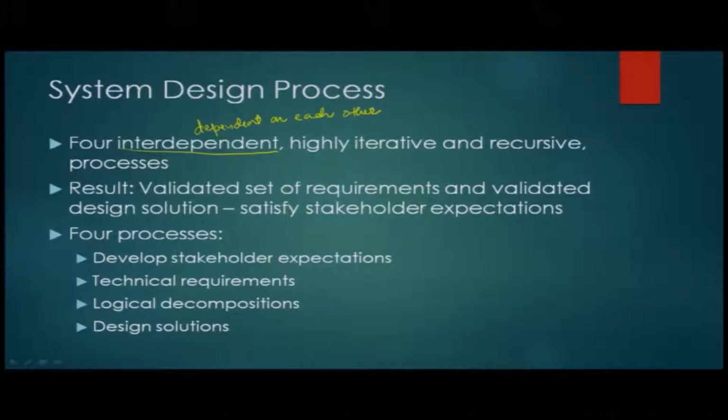That's the interdependency. Iterative and recursive definitions we have already seen. This is highly iterative: the same function is applied over until a functionality is met. This is to ensure functionality.